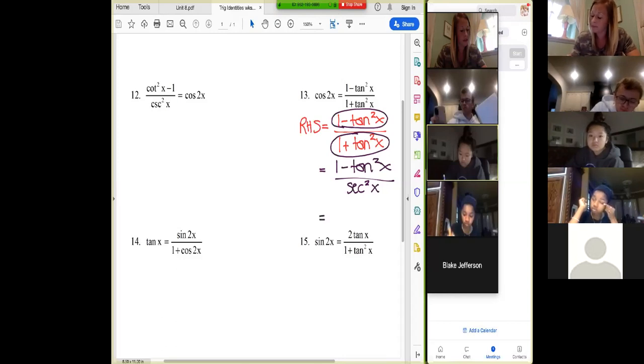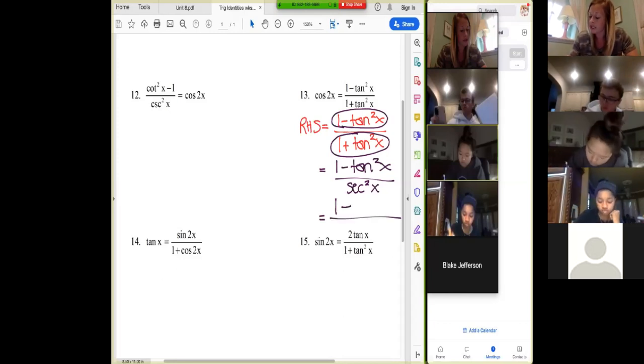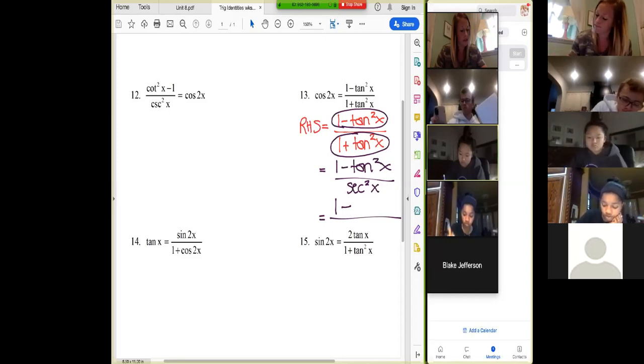One of our tools that we talked about last class was changing everything in terms of sines and cosines. So using that logic, I'm going to leave the 1. What could I change tangent squared into that would put it in terms of sines and cosines? Sine squared over cosine squared. And using that same logic, what could I do with secant squared? 1 over cosine squared.